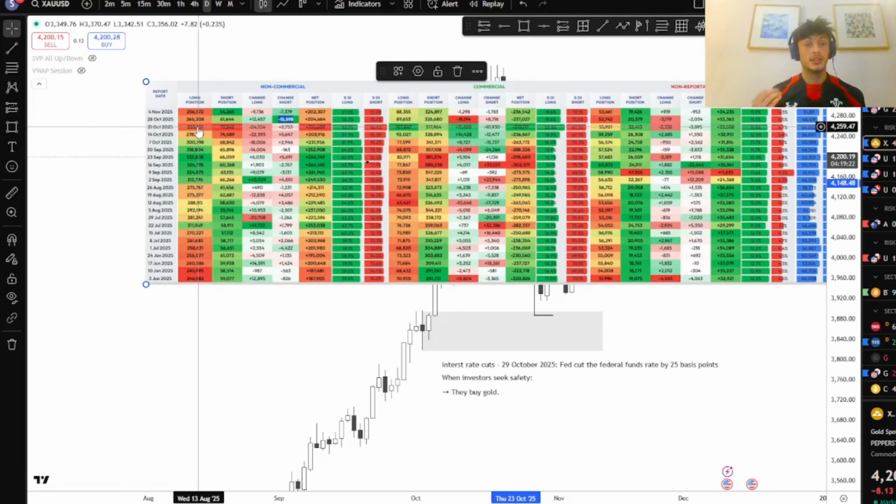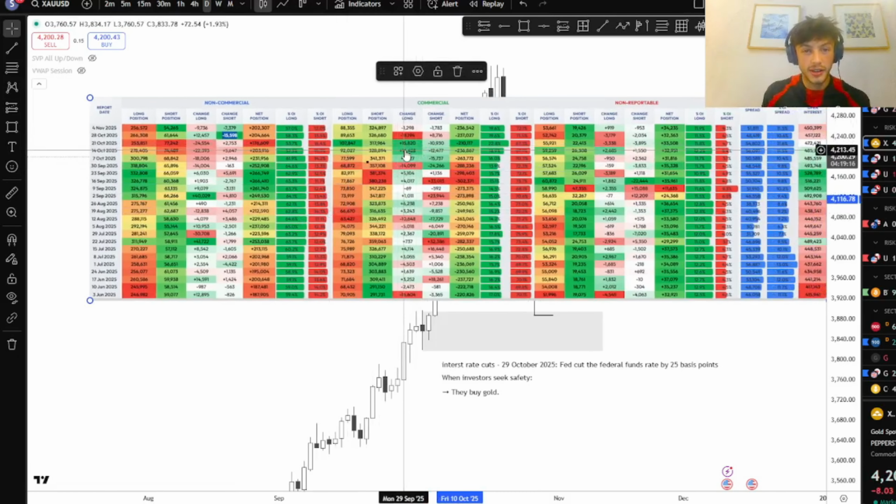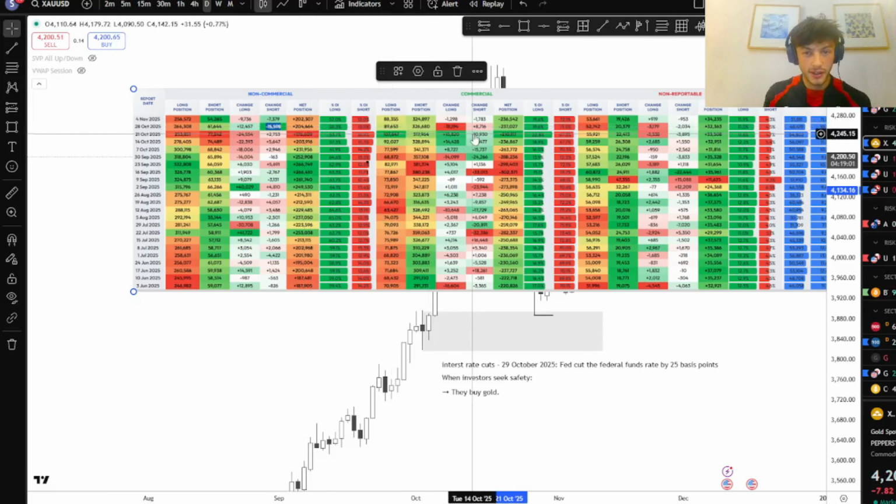They want gold to go up. If we see the retail traders, they actually want gold to go down. They're adding to their shorts, they're cutting their longs and adding to their shorts. I hope this makes sense to you guys, but you can see that the net position is positive here and their net position is negative.